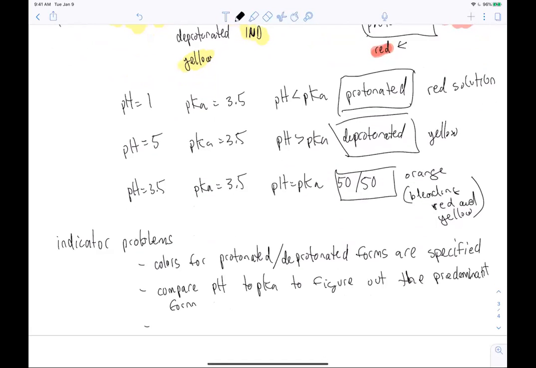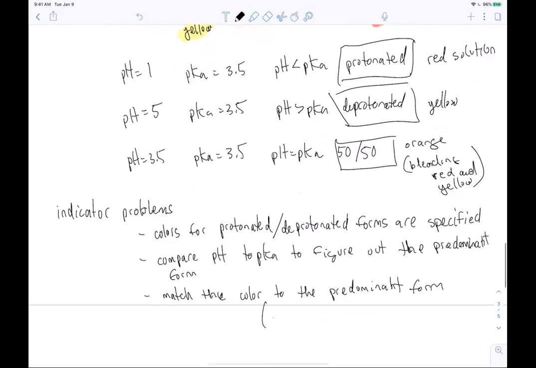And then if you want to call it a third step, you match the color to the predominant form. And the weird case is when the pH is equal to the pKa, it's a mix of colors.